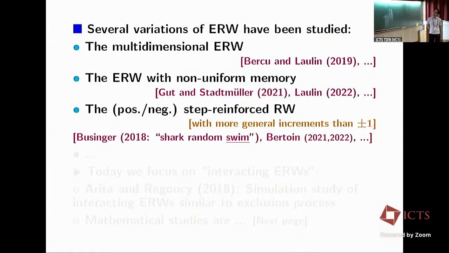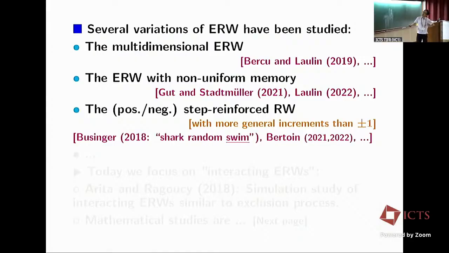This was first studied by Bertoin with heavy-tailed increments. In her case, this is called the shark random swim, and it was further studied by others. And there are many other variations. Today we focus on the interacting elephant random walk.